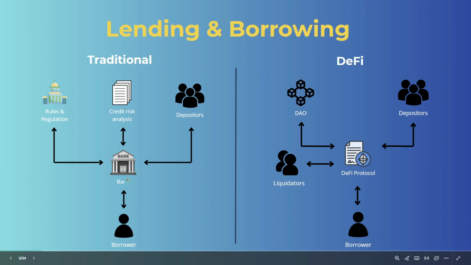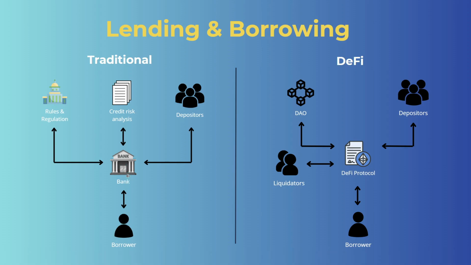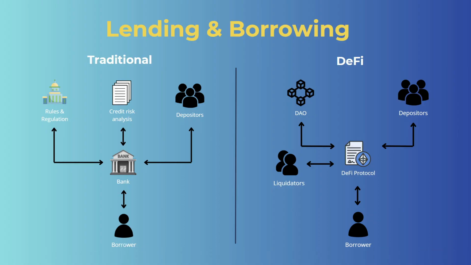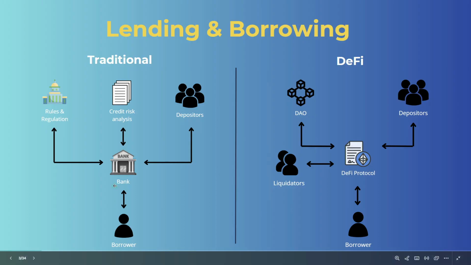And of course, also in the case of the mortgage, there is a collateral, which, as we said, is the house itself. So the bank gives the borrower a loan that is 50%, for example, of the value of the house. If the borrower cannot pay the loan, the bank takes the house.